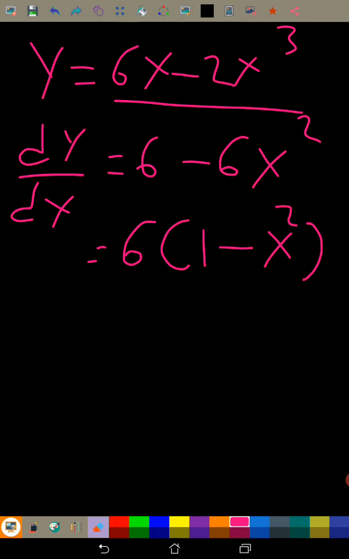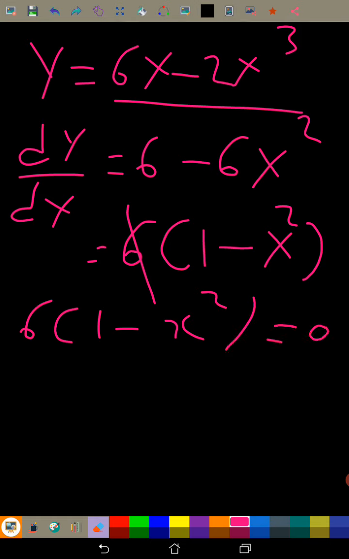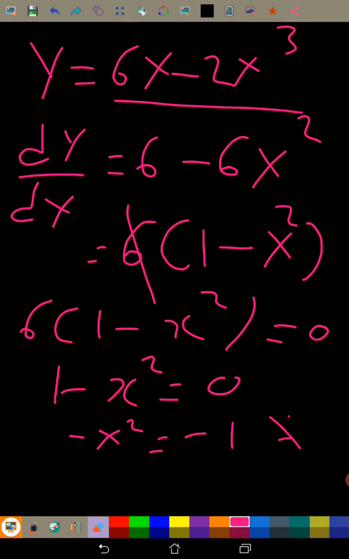And dy by dx is equal to 0 when, since this is just a factor, we can equate this to 0, and we divide by 6. We have 1 minus x squared is equal to 0, so minus x squared is equal to minus 1. We multiply by minus 1 on both sides, we get this, and the square root is plus or minus 1.